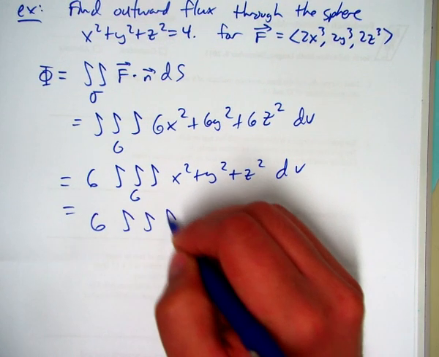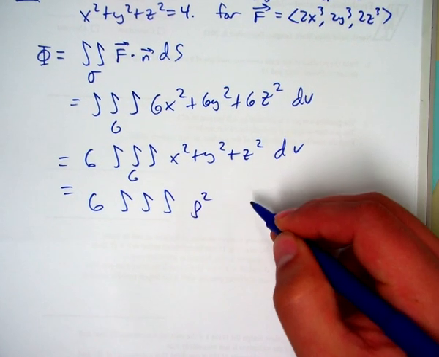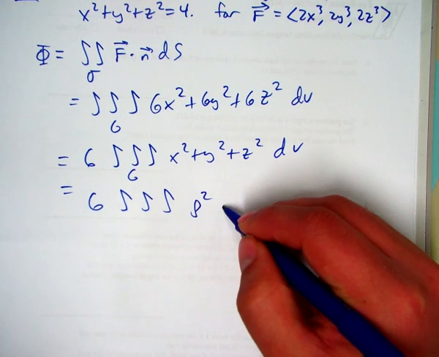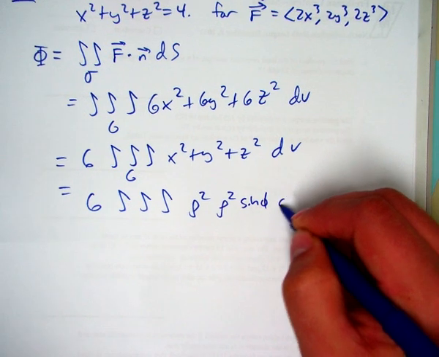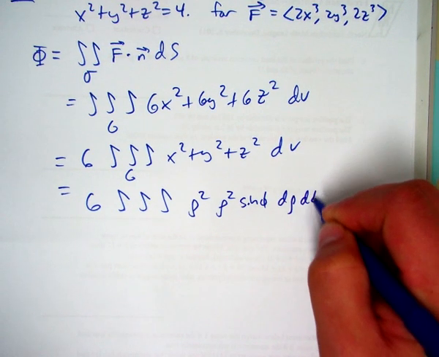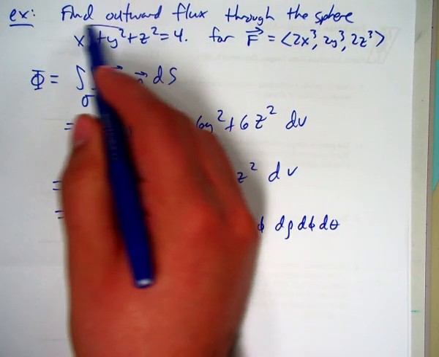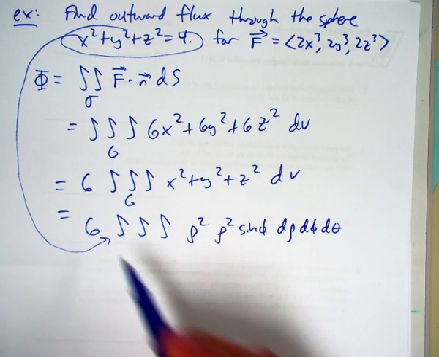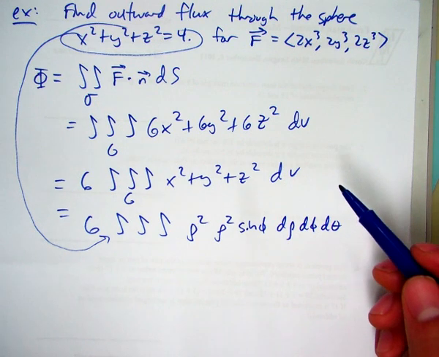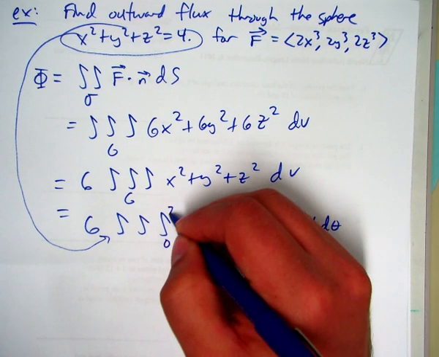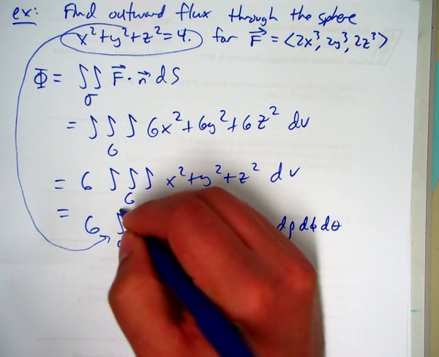X squared plus y squared plus z squared is rho squared. dV translates to rho squared sine phi d rho d phi d theta. Our original surface is just a sphere of radius 2, so rho is from 0 to 2, phi is from 0 to pi, and then theta is from 0 to 2 pi.